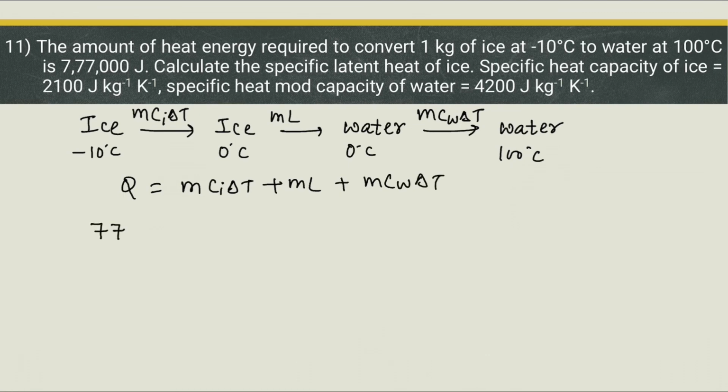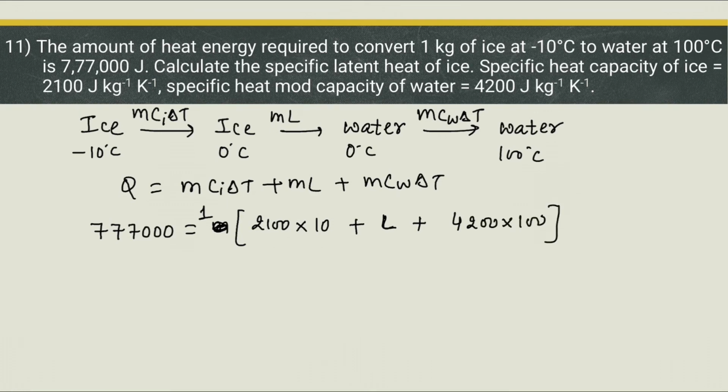Q is 777,000. Let us take mass also common and put the rest into the bracket. Now let me directly put the value. Mass is equal to 1 kilogram. Specific heat capacity of ice is 2100 into delta T is 10, plus L we want to find out, plus specific heat capacity of water is 4200 into 100.